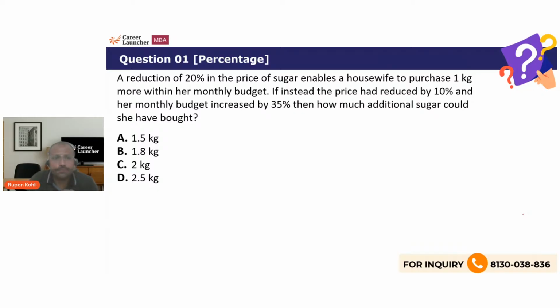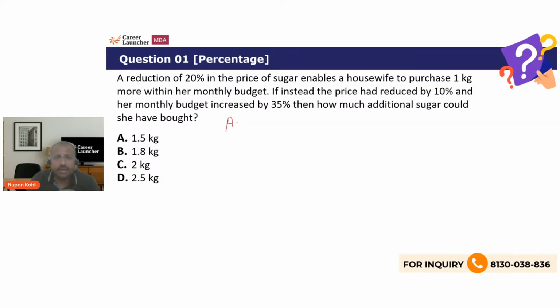The first one. A reduction of 20% in the price of sugar enables a housewife to purchase 1 kg more within her monthly budget. Obviously, if the price goes down, you'll be able to buy more for the same amount. Remember, the keyword is within her monthly budget, which means she's spending the same total amount. What is the relationship between price and amount spent?